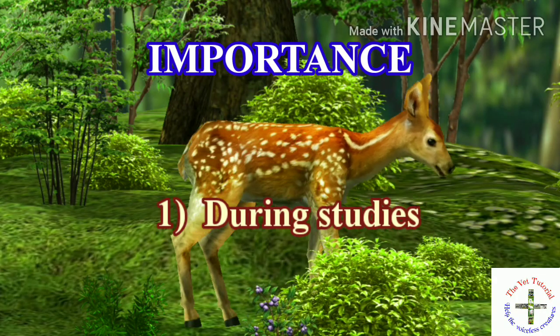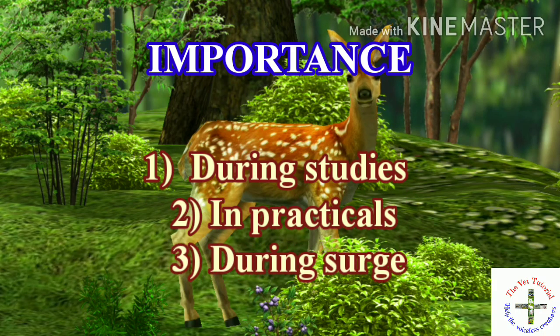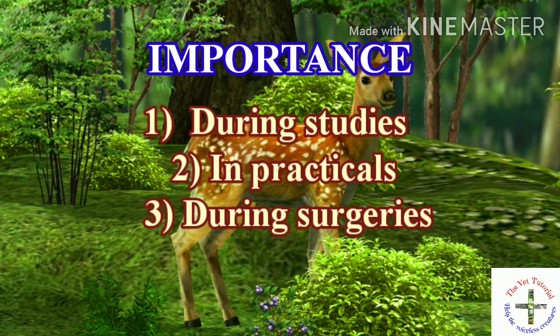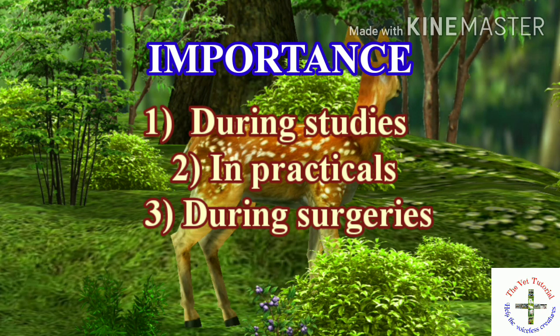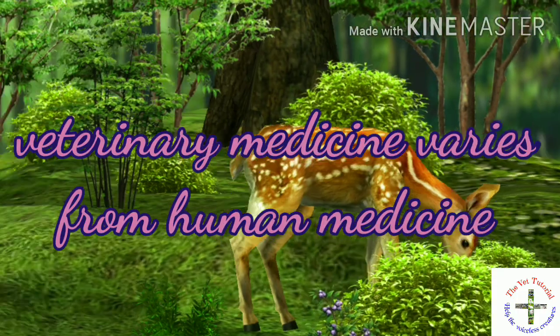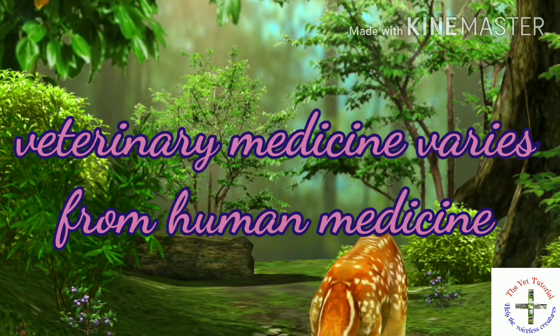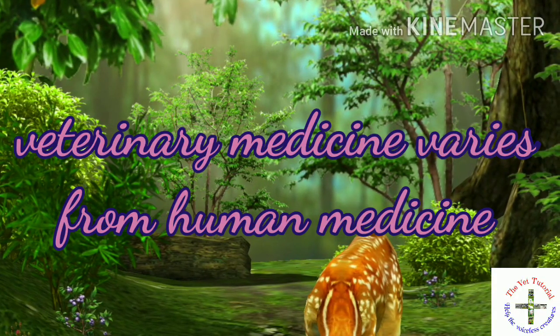Knowing these terms is very important during studies, especially in anatomy or doing practicals, and it is also very important during surgeries or operations. Remember that in veterinary medicine, anatomical terminology varies significantly from human medicine.